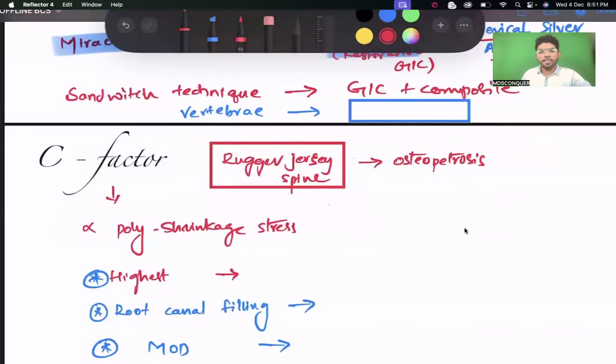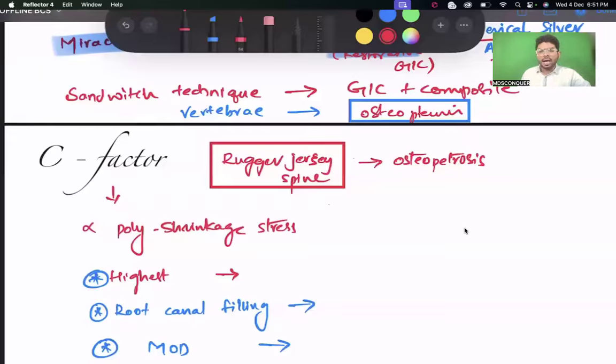Where do you see sandwich vertebra? Yes, very good, osteopetrosis. Similarly, you see rugger jersey spine also in osteopetrosis.